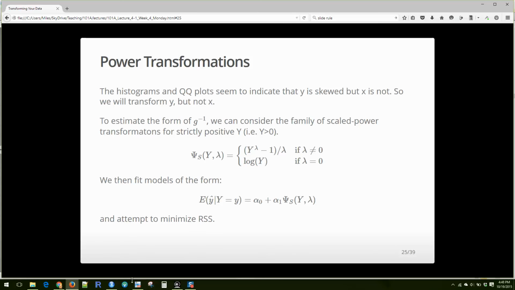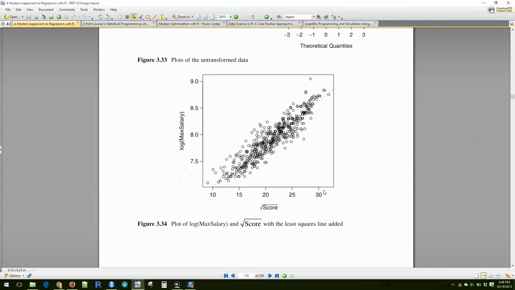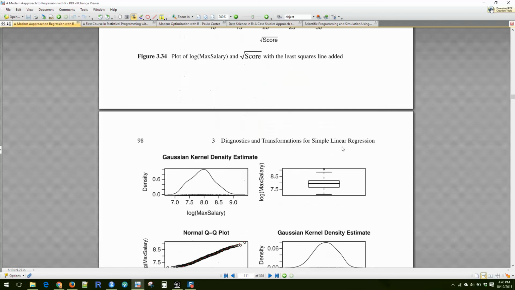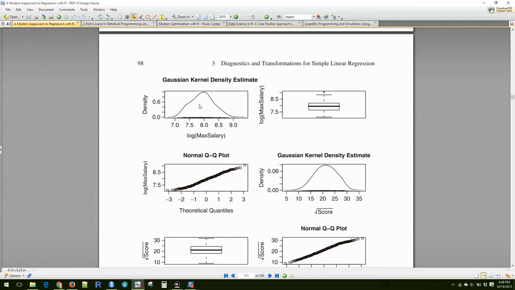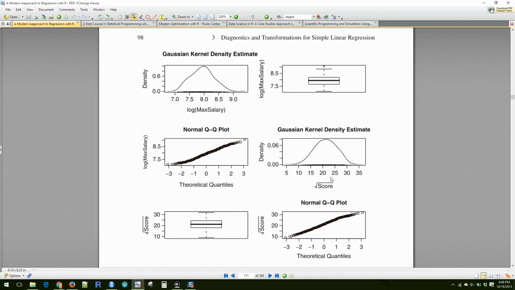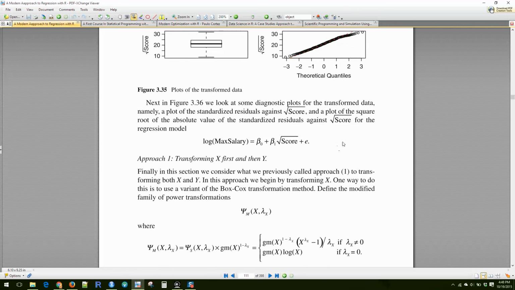Okay. So we do that, and we say, hey, it looks good, and then we do our diagnostics, and we say, okay, yeah, that looks close to normal, and then the square root of the score, that also looks close to normal. So that seems to have done the transformation well.